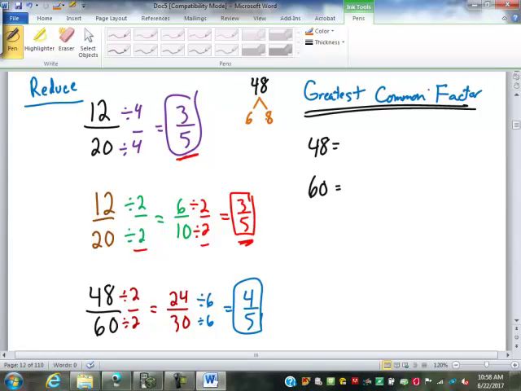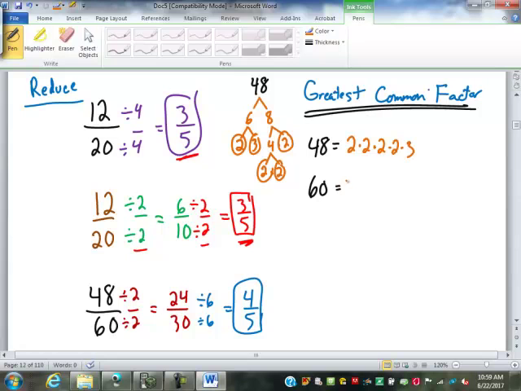Are either of those prime? Nope. 6 can be split up into 2 times 3 or 3 times 2, either way. Both of those are prime. 8 can be split up into 4 times 2 or 2 times 4. The 2 is prime. 4 splits up into 2 times 2. So 48 is 2 times 2 times 2 times 2 times 3.